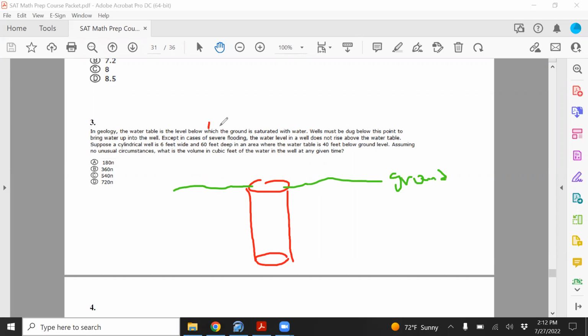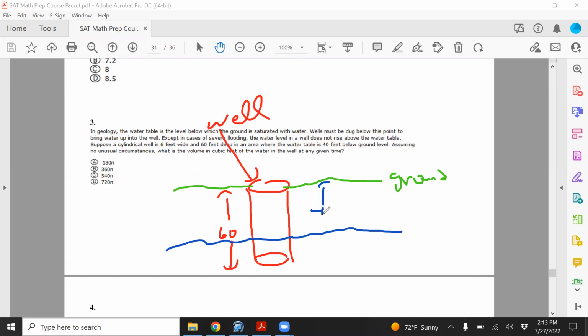Of course, that's the well. That's 60, and the water table looks like this. So you're only interested in this part. So it's going to be a cylinder.